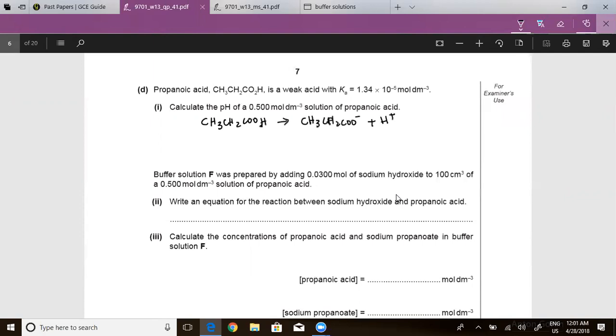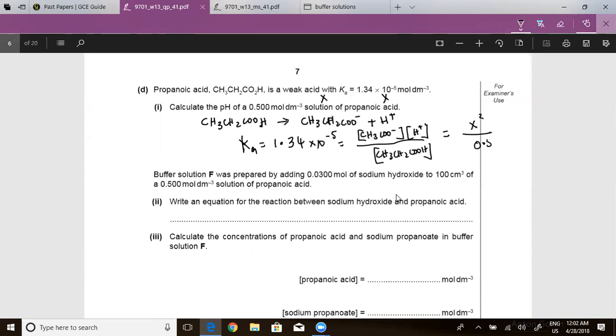So you get Ka, which is 1.34 times 10 to the minus 5, equal to CH3CH2COO minus times H plus over CH3CH2COOH. Now note that if X is formed here, X is also formed there, because they are in equal moles. You get X squared over 0.5. This is in such large excess that it makes no difference, and that equals 1.34 times 10 to the minus 5.